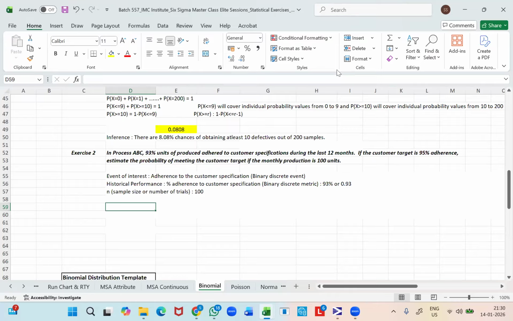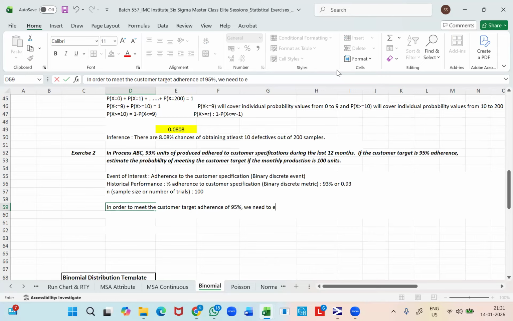So let me provide that explanation here. In order to meet the customer target adherence of 95%, we need to ensure that at least 95 units, out of 100 units, adhere to the customer specifications. So how did I get 95 units?